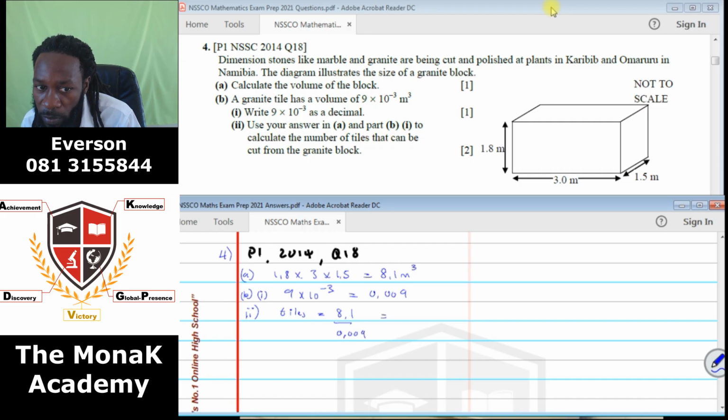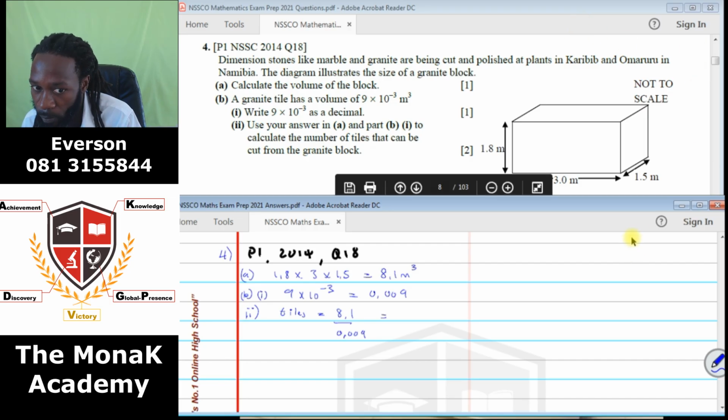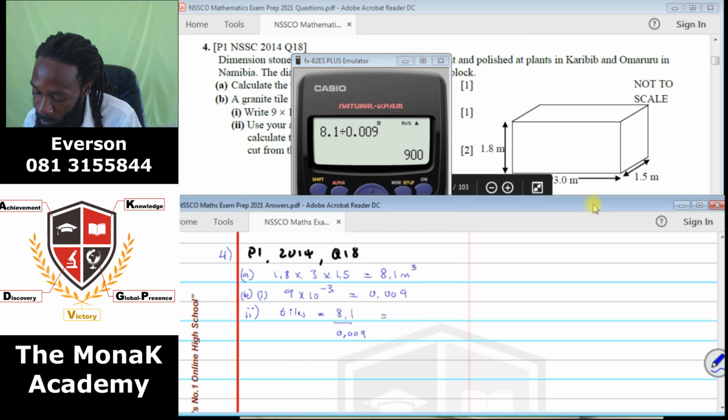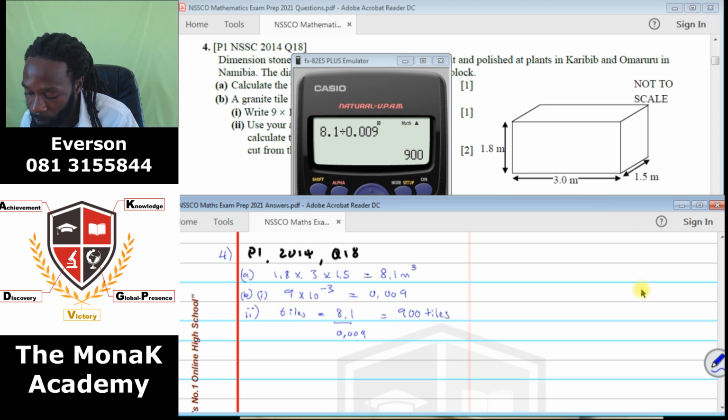That will give you the number of tiles. 8.1 divided by 0.009 gives you 900 tiles. Okay, simple as that.